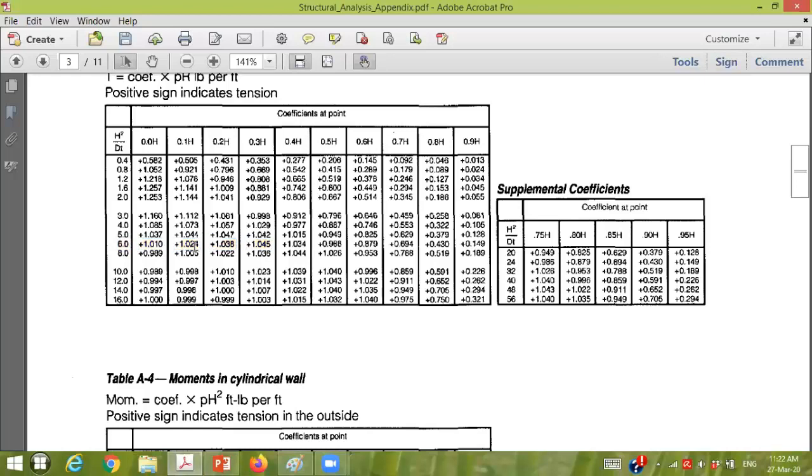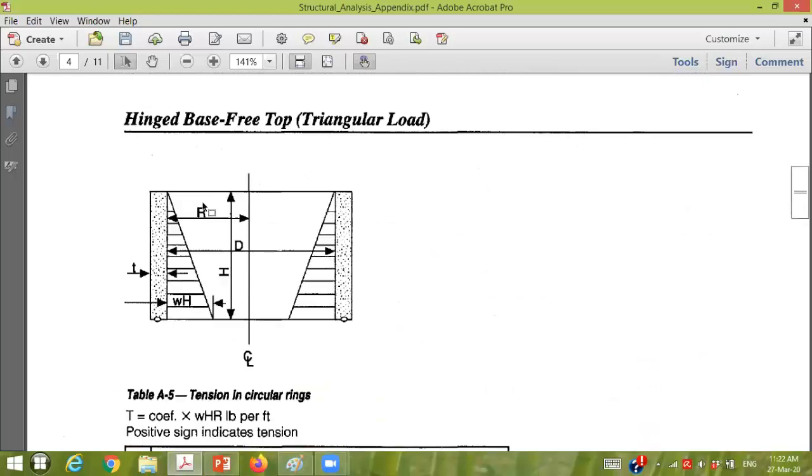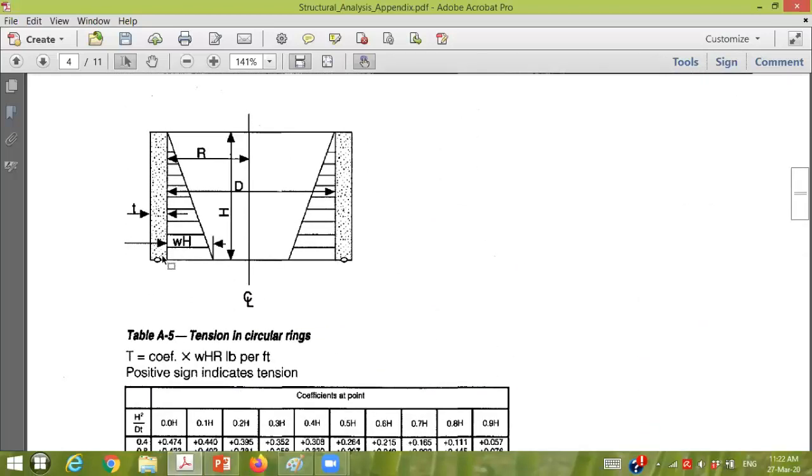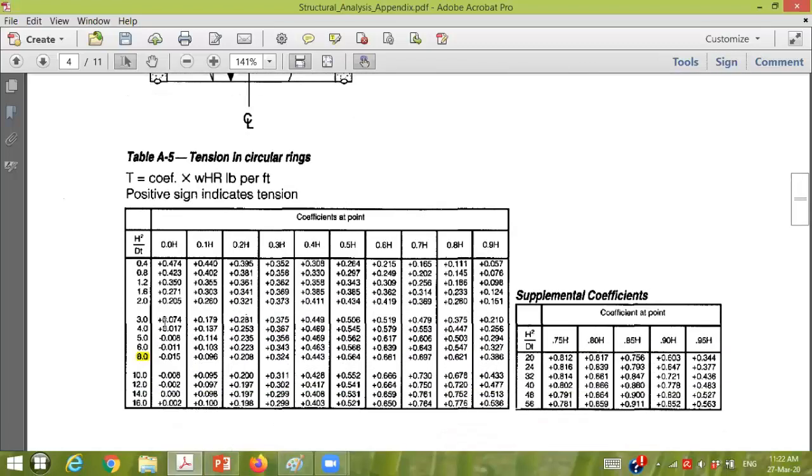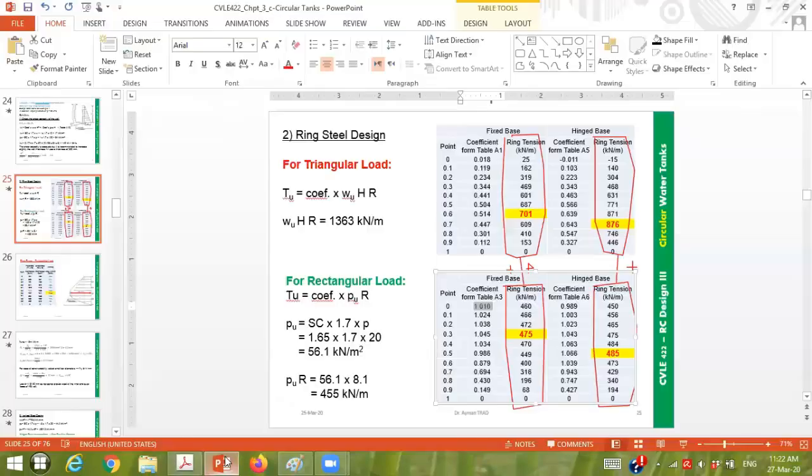هلا again بنروح على نفس هالابندكس. في عنا hinged base free top triangular اللي هو التيبل A5. So هناخد هذا اللاين 0.011 to 0.327. أول coefficient هو negative.